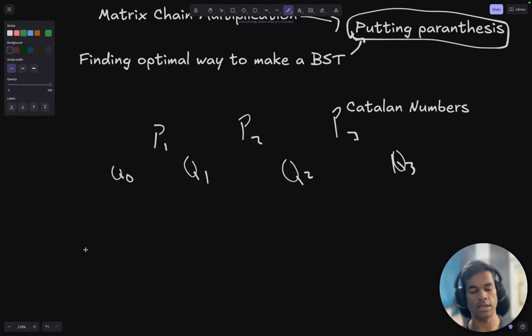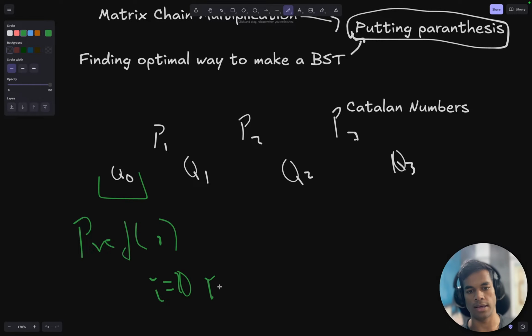For each prefix I, let's say I equals 0, we will just have this thing. When I equals 1, we will have this sum. We will have the sum.